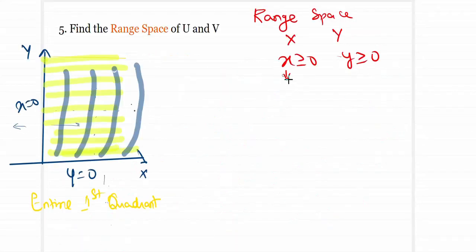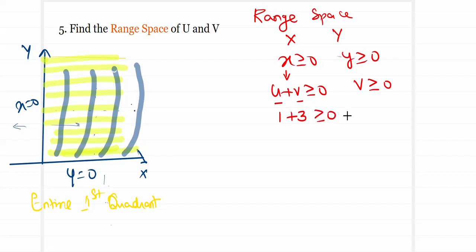So now replacing this, you will have u plus v greater than or equal to 0 and v greater than or equal to 0. Now a point to ponder over here: you have the addition of two elements to be greater and one element is already greater. Say I have 1 plus 3, which is 3 plus 1, greater than or equal to 0.